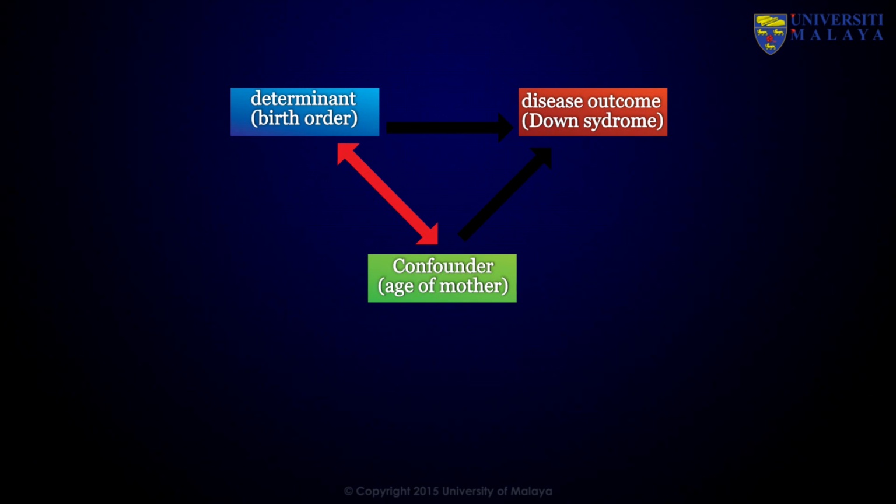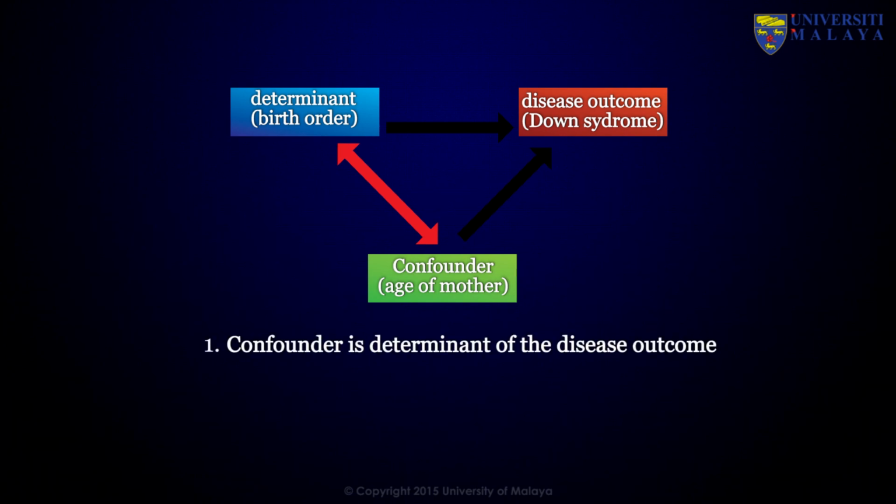Let's look at the relationship between the determinant, birth order, the outcome, Down syndrome, and the possible confounding factor, which is age of the mother. First, the confounder is a determinant of the disease outcome. In this case, age of the mother is actually a determinant of Down syndrome.